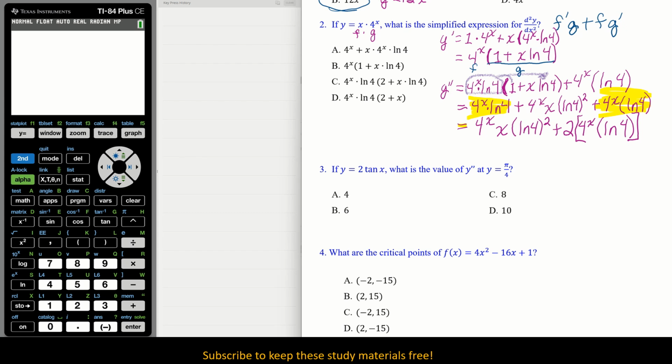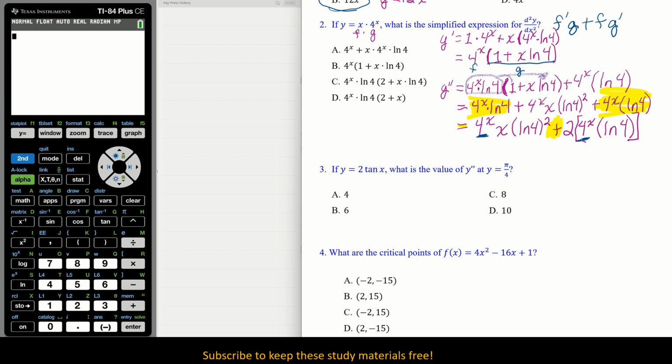Regardless, we need to pull some things out. I'm seeing that we need to pull out the 4 to the x. Remember, we are trying to pull out a common term from both sides of the plus. So I see 4 to the x power, and we can't pull out the 2, we can't pull out the x, but we can pull out 1.